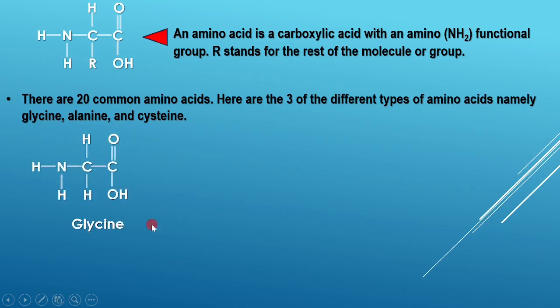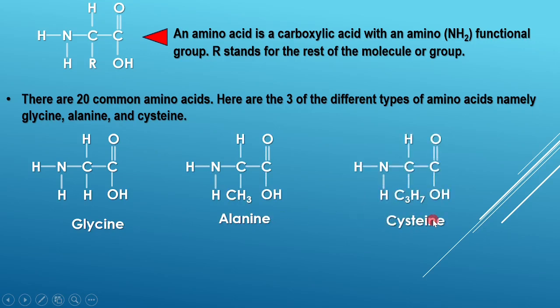This one is glycine, this one is alanine, this one is cysteine. These are three examples of the 20 common amino acids that exist.